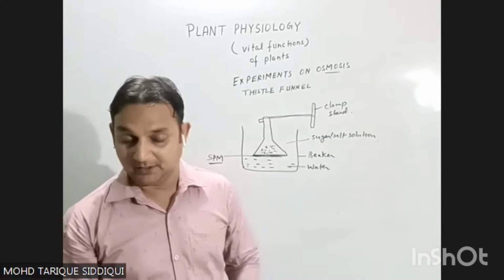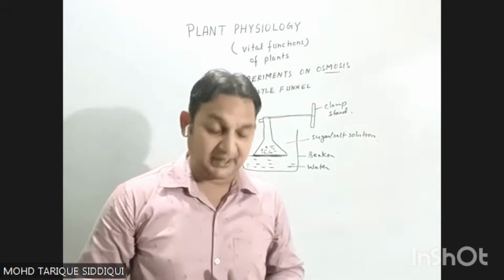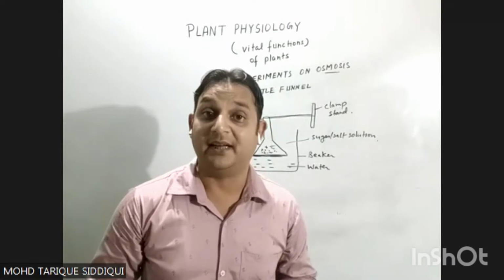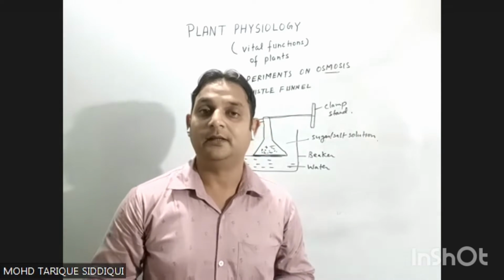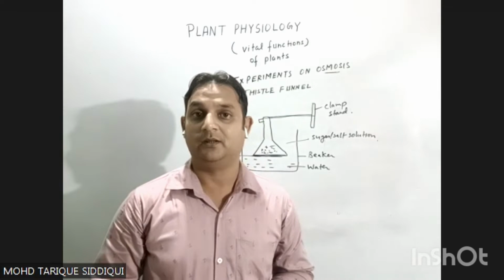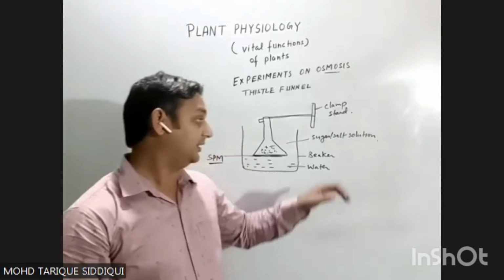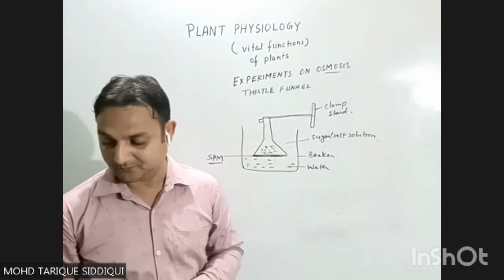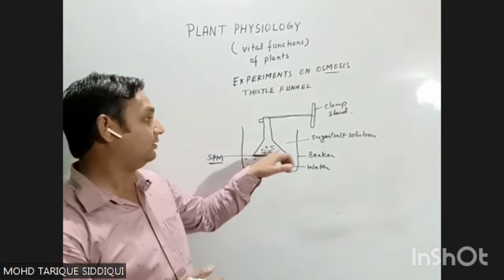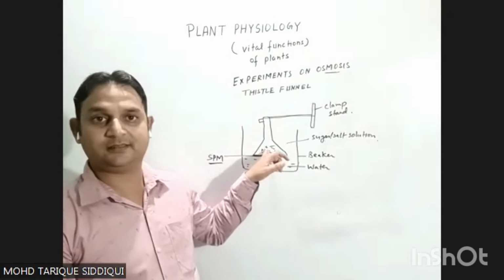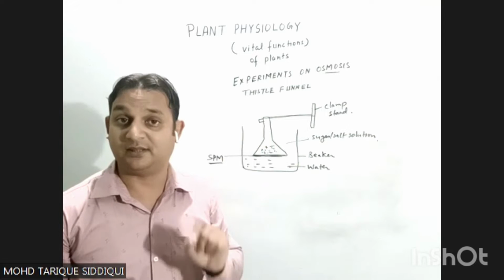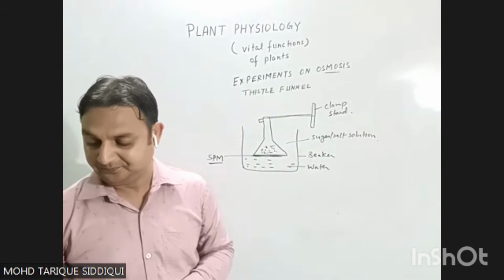Got it? And semi-permeable membrane, I have already told you, you can use Ranier bladder, collodion, parchment paper. These are the semi-permeable membranes. And fill some sugar or salt solution inside the Thistle funnel.